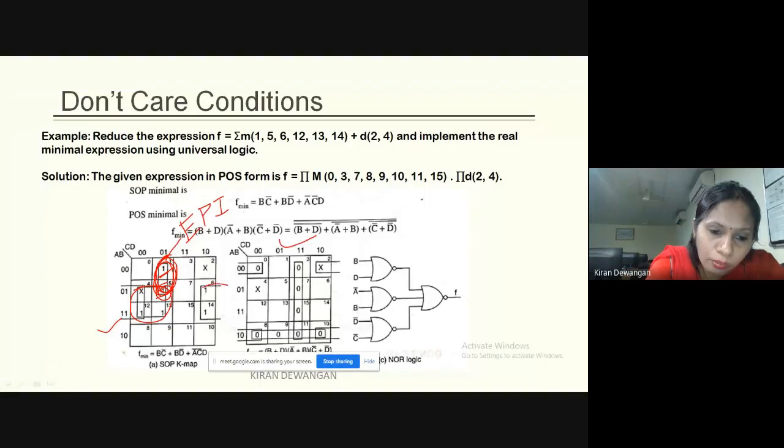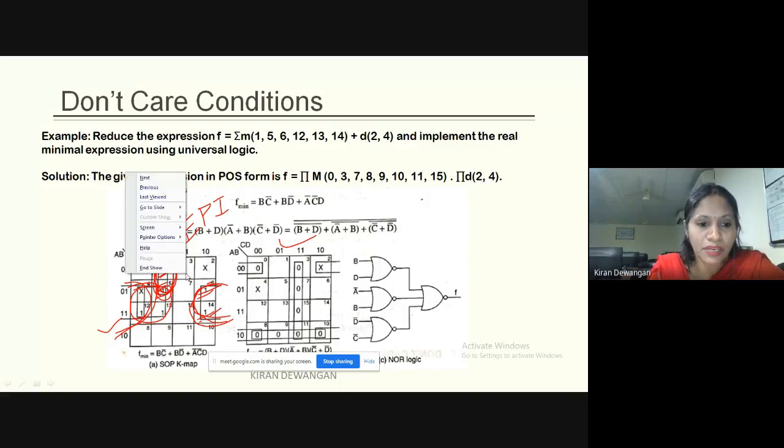मतलब अगर कोई भी ऐसा prime implicant है जिसमें एक भी 1 है जो कोई और prime implicant share नहीं कर रहा है, that will be an EPI. Is this concept clear? Students, ये quad भी आपका essential prime implicant है क्योंकि इसमें ये और ये कोई और share नहीं कर रहा है. यहाँ पर का 1 share हो रहा है, but these two, this one and this one, are not shared by any other prime implicant.